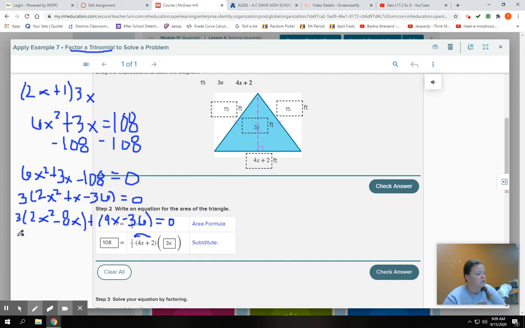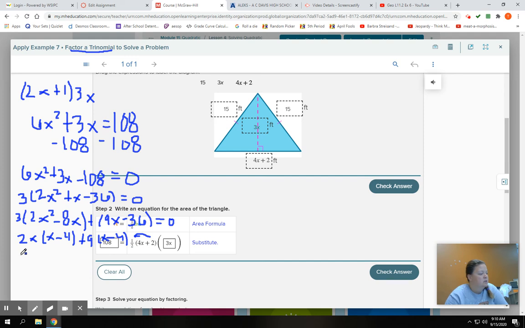We can take out that 2 and an x, and that leaves us x minus 4 on the inside. Over here we can take out the 9, and that will leave us x minus 4 on the inside. Here we go.